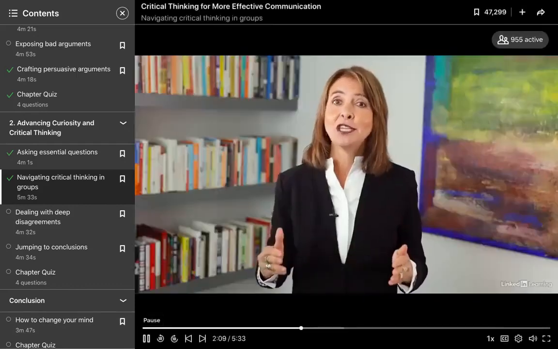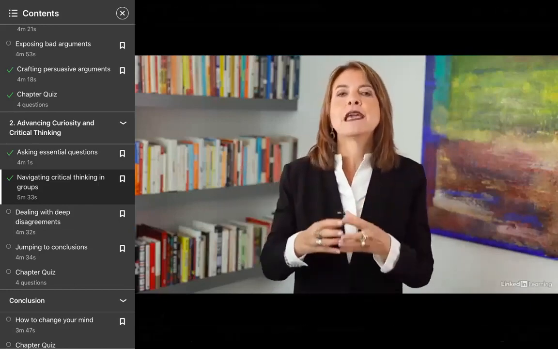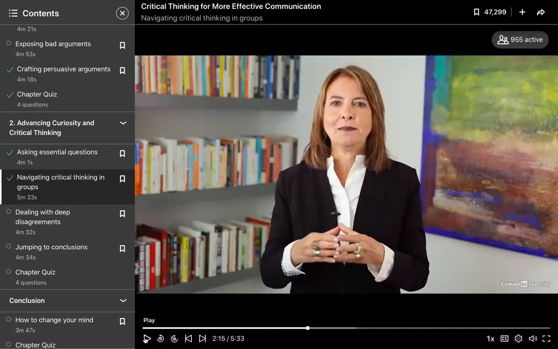There are important strategies to prevent groupthink from stifling critical thinking communication. The most often thing that happens is disagreement, right? People disagree with one another. We're going to learn how to avoid disagreement, or how to resolve disagreement, deal with the disagreement before the breakdown.